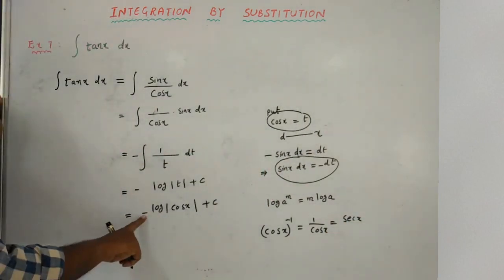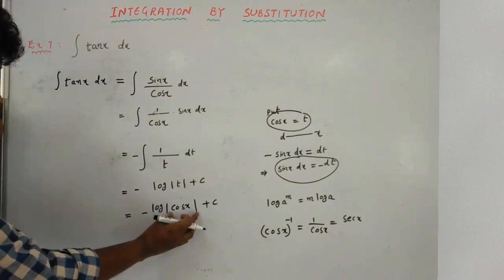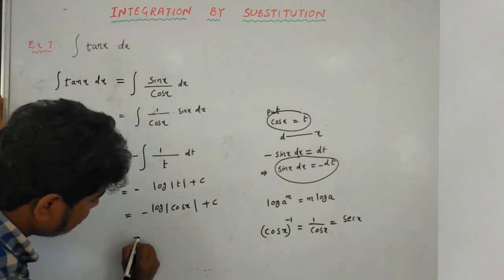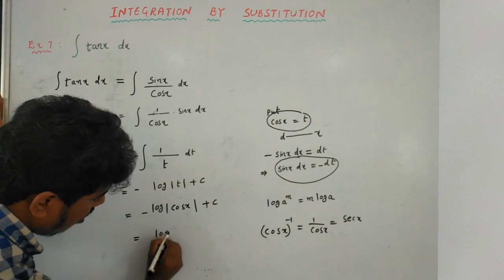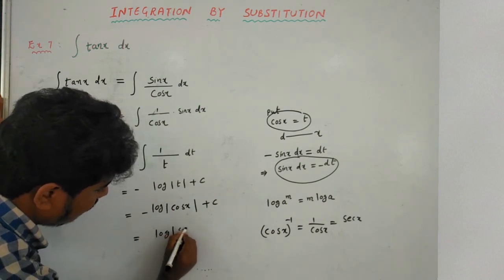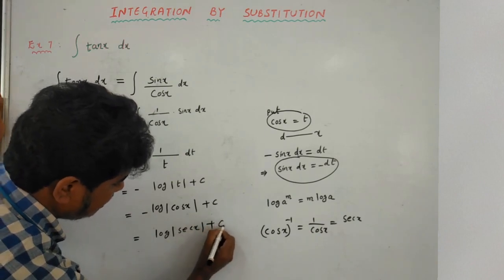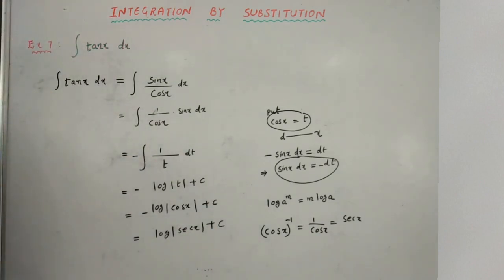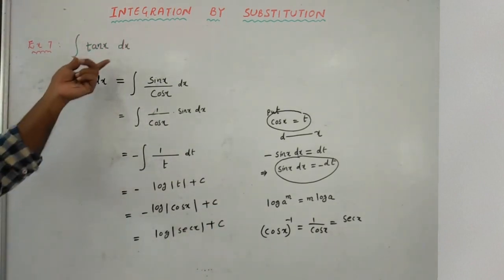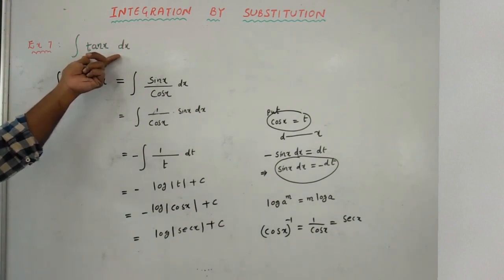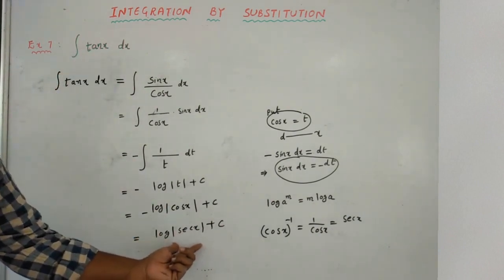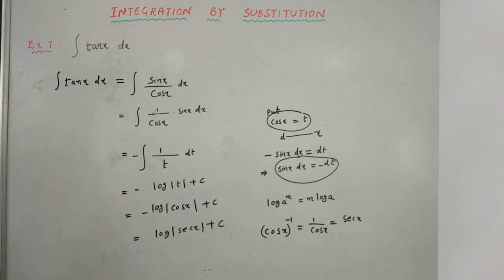So directly we can write log mod of sec x plus c. This is the answer. You should remember that the integral of tan x dx is log mod sec x plus c.